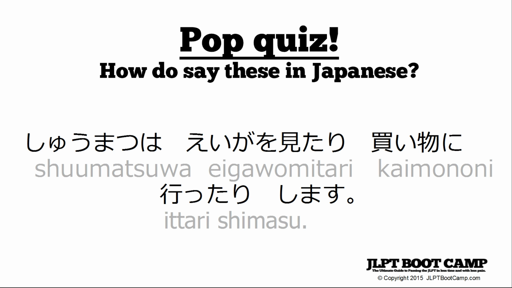So this is a special structure where it's noun plus ni plus iku. So go do this thing. Iku, so I'm going shopping. And ita is, of course, the past tense of to go, shimasu.